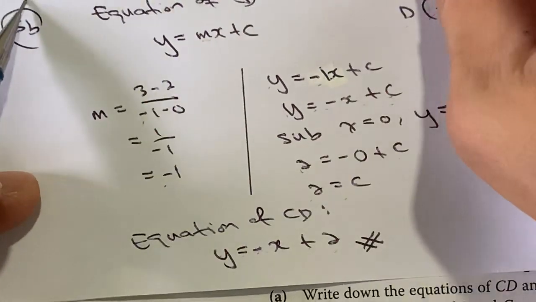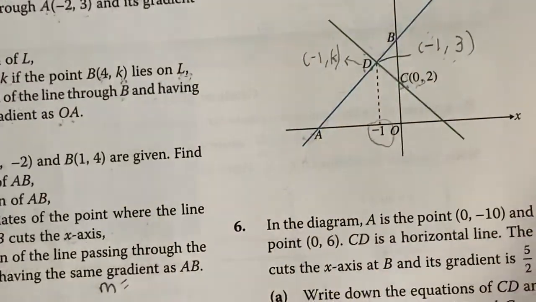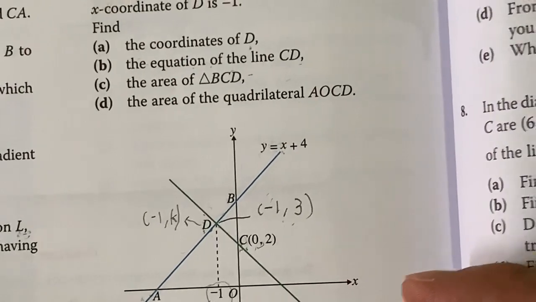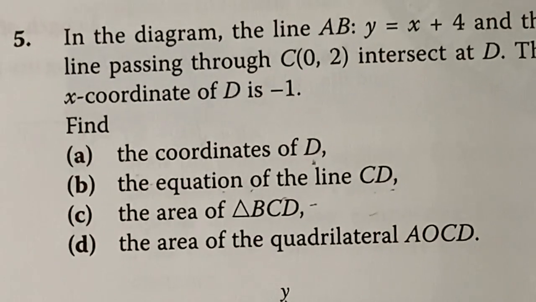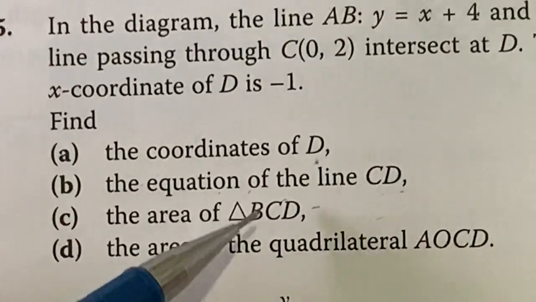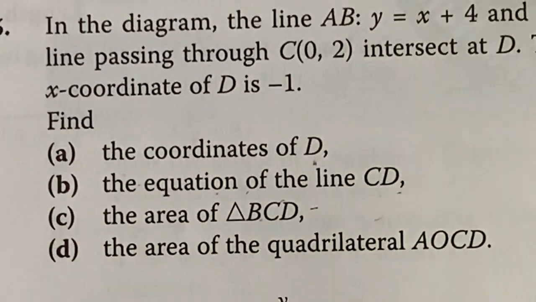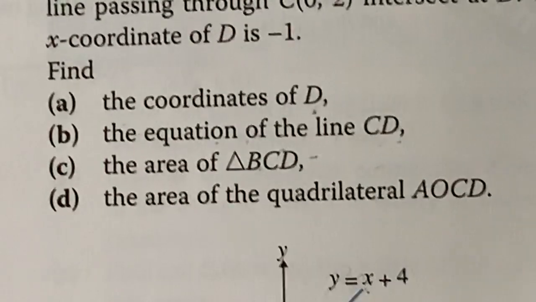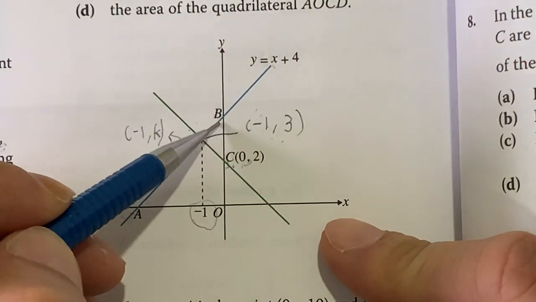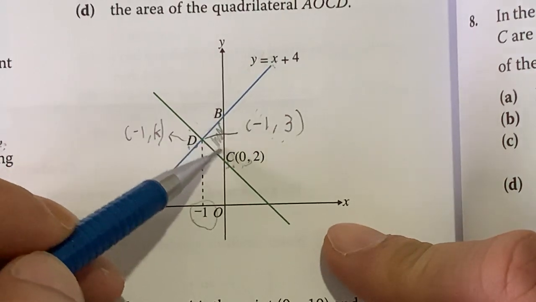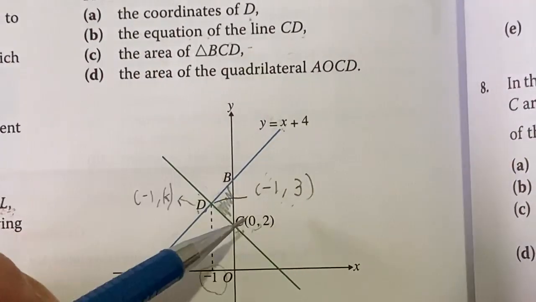Okay, for the next question, which is the triangle BCD. Here you have to study some of the coordinates that were already given, because BCD would refer to this triangle.